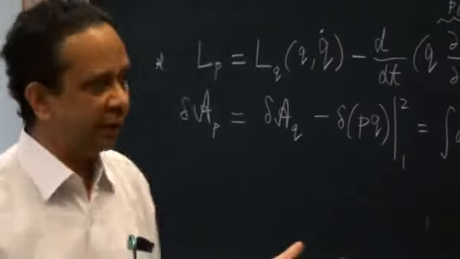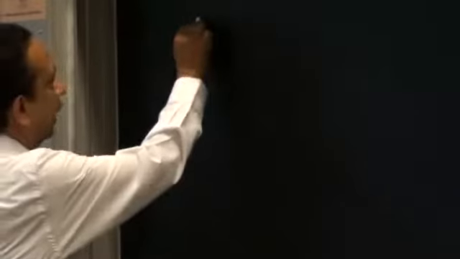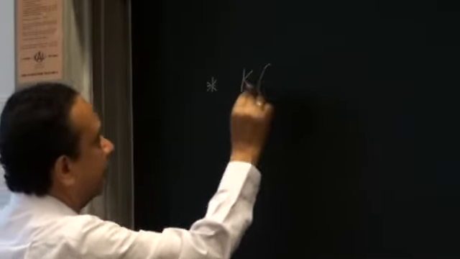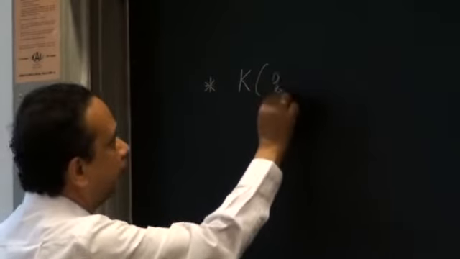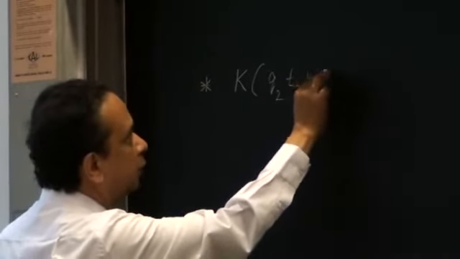Now in quantum theory, this has a very nice interpretation. If you try to do path integrals, you can use the standard Lagrangian LQ, and you will write the kernel, path integral kernel. We have done it several times with, let us say, Q2 T2, Q1 T1.